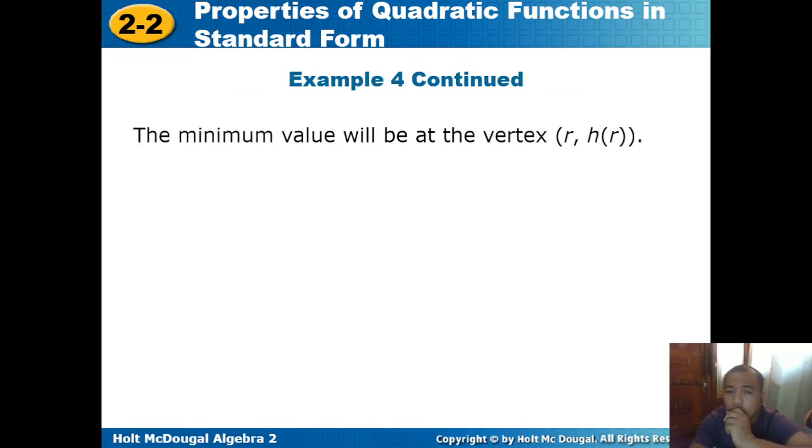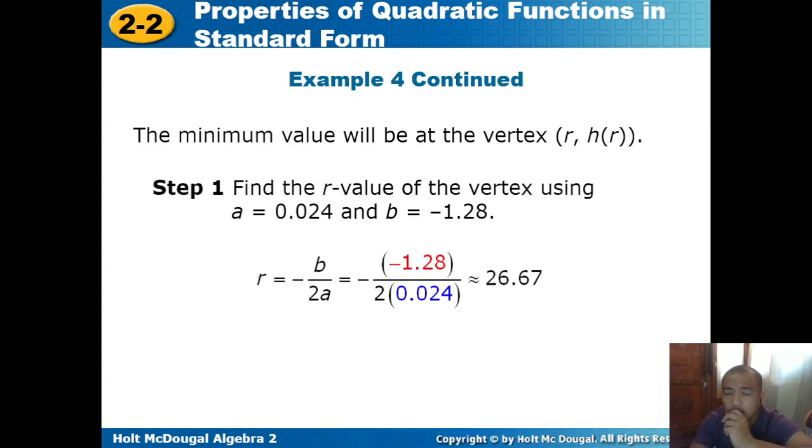First, we need to know the x coordinate of the vertex, which has the formula negative b over 2a. Substitute negative b, which is negative 1.28 (so negative of negative 1.28), all over 2 times 0.024, which is equivalent to positive 26.67.